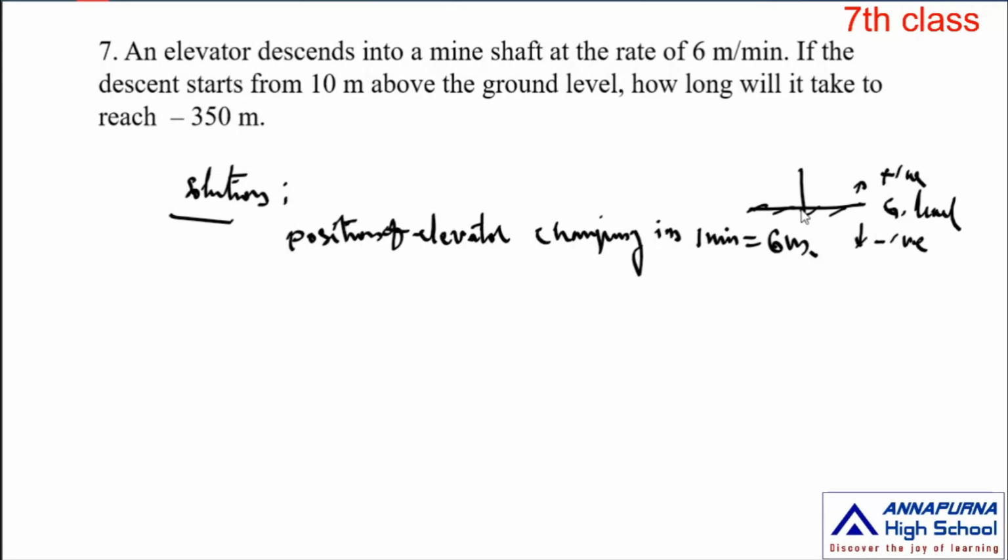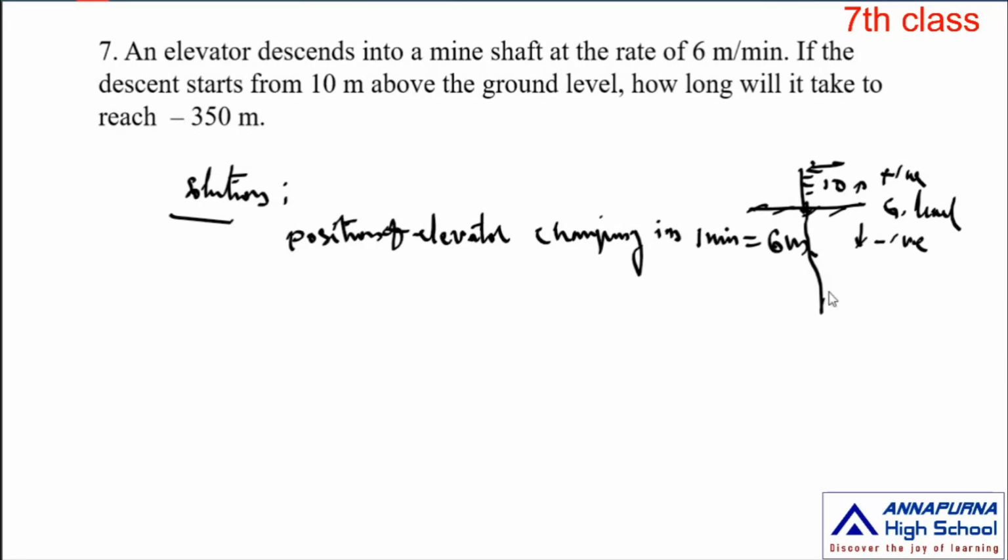Now here, let me draw the next. Here the distance starts from 10 meters above. Suppose it is plus 10 meters, it starts from 10 meters above. This is the starting point. How long will it take to reach minus 350? Here we used a negative sign. Why?